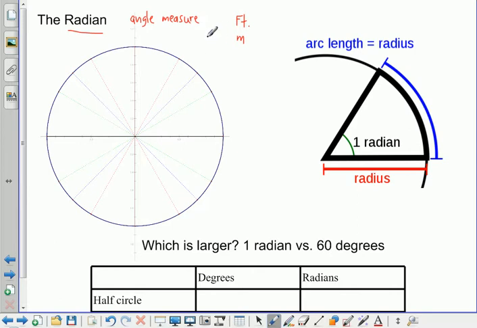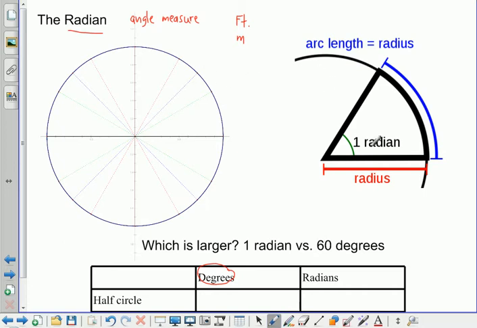So just like that, the radian is an angle measure. You're measuring angles. We normally use degrees, but we can also use radians, and we will be using radians more than half the time in pre-calculus.